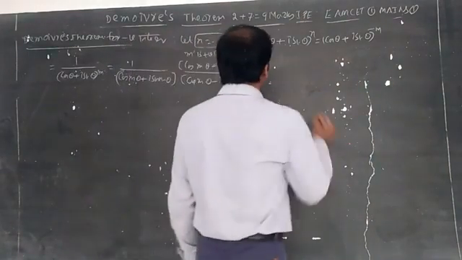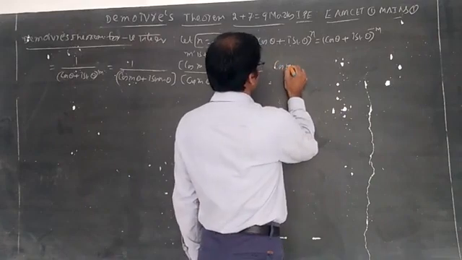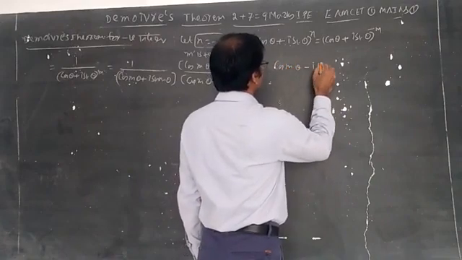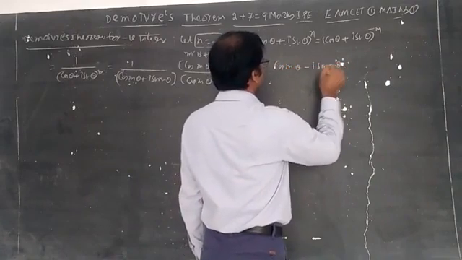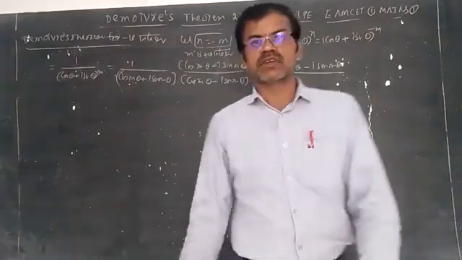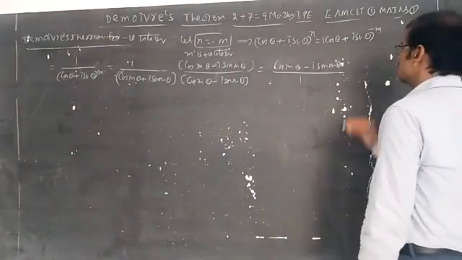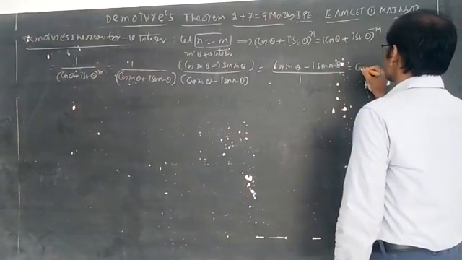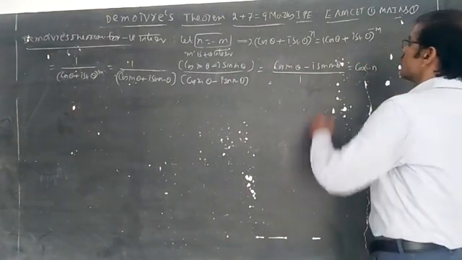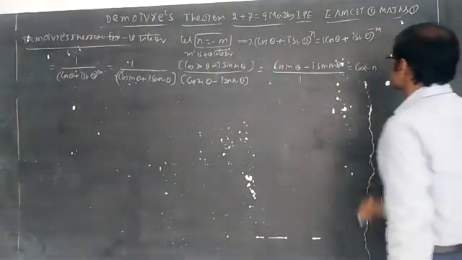The numerator becomes cos m theta minus i sin m theta, and the denominator is cos square theta plus sin square theta, which is directly 1.